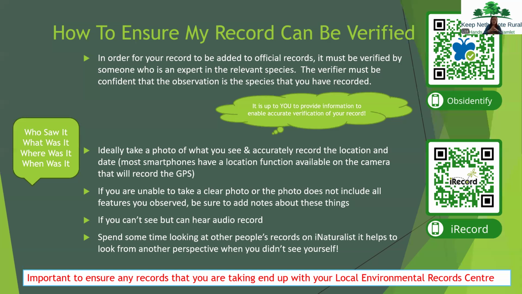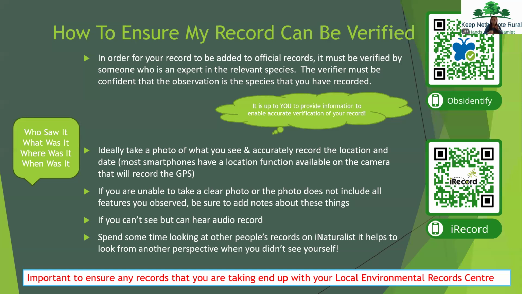So ideally, you want to take a photograph of what you see, and for the purposes of the other information needed, you may want to have your GPS enabled on your camera to ensure that you can have the location for the where of the record requirement.